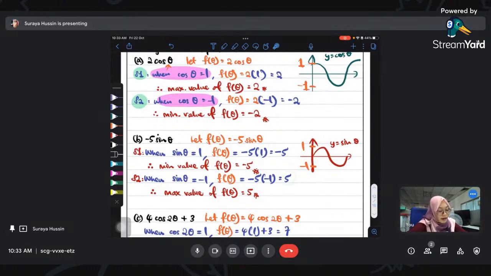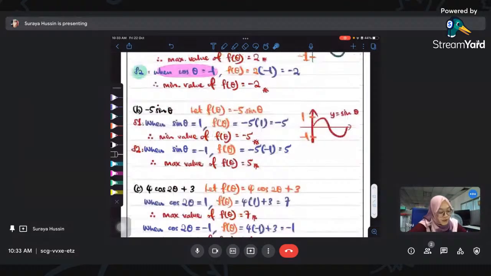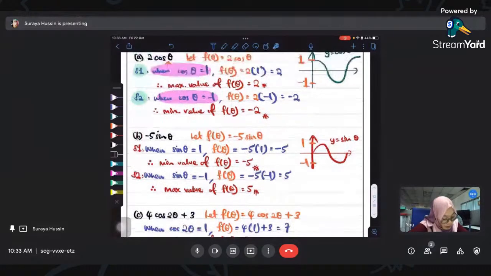So this is how you must let lah. This is the magic of using the let f theta. Barulah you nampak kita memasukkan jawapan ke dalam function. Yeah, this is what I do right now.